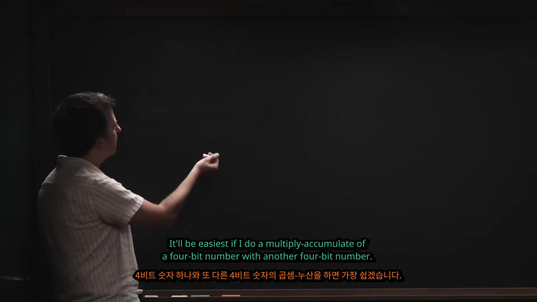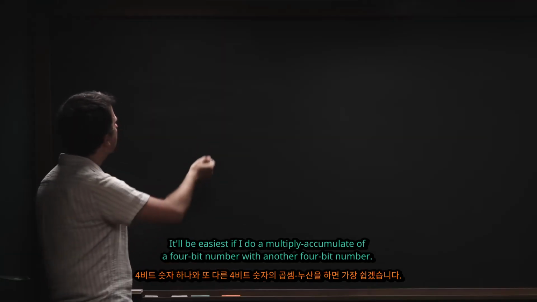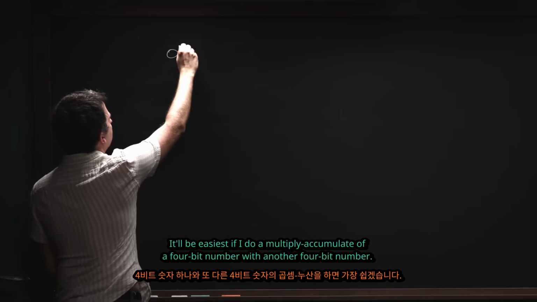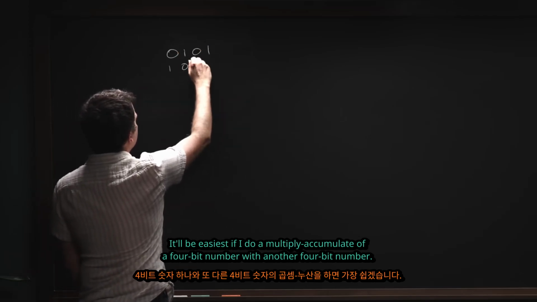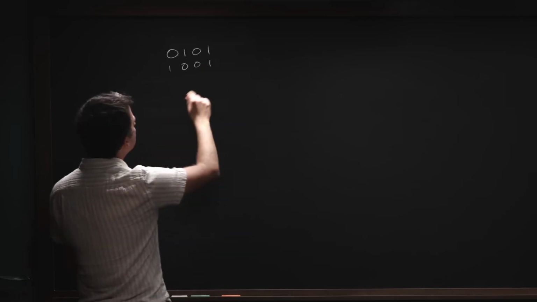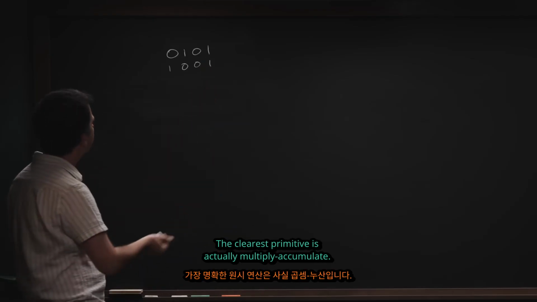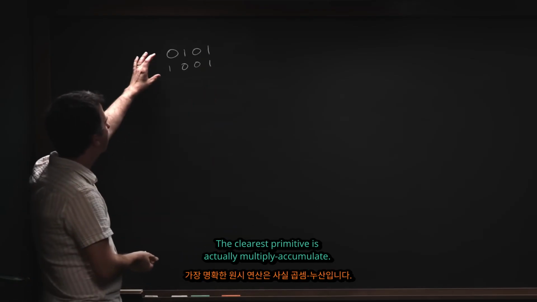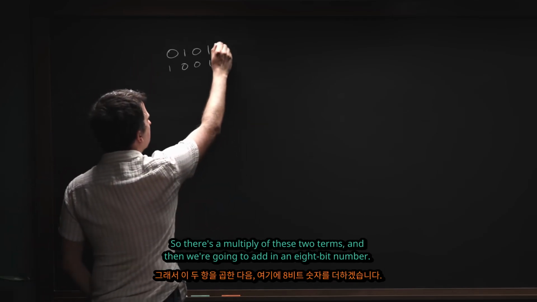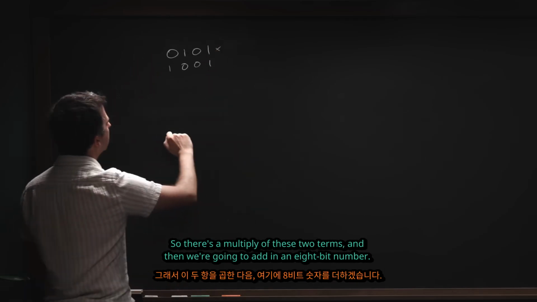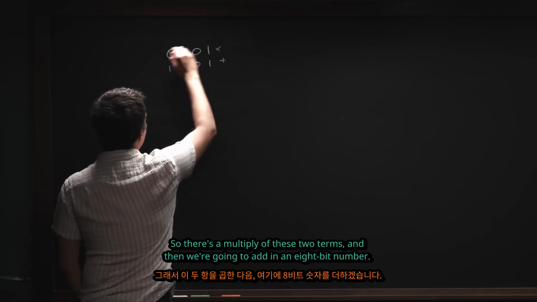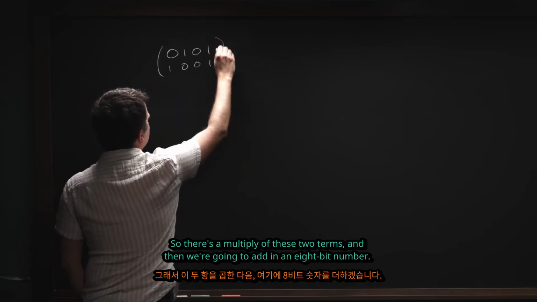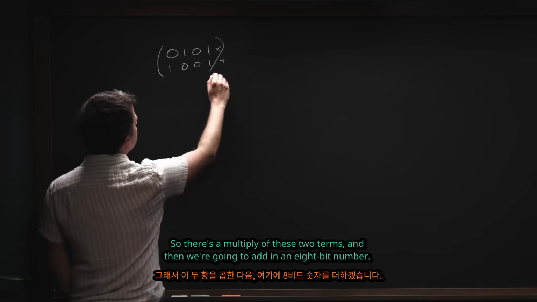It'll turn out to be easiest if I do a multiply accumulate of a 4-bit number with another 4-bit number. The actual clearest primitive is multiply accumulate: multiply these two terms, and then add in an 8-bit number.